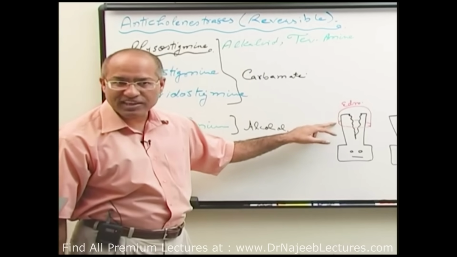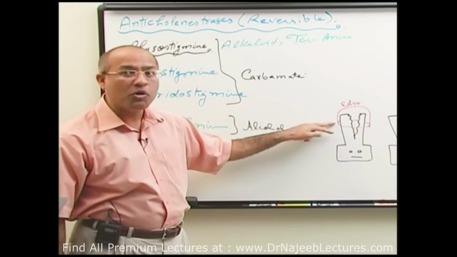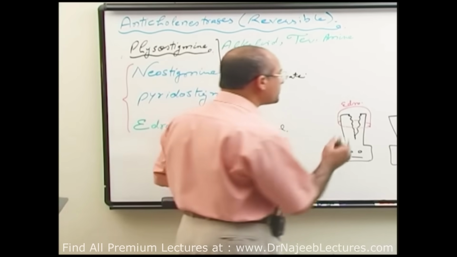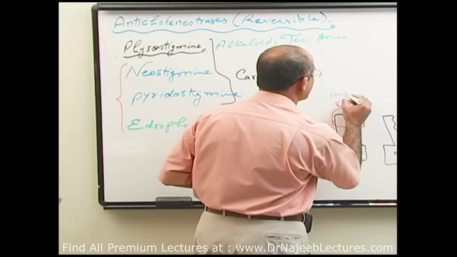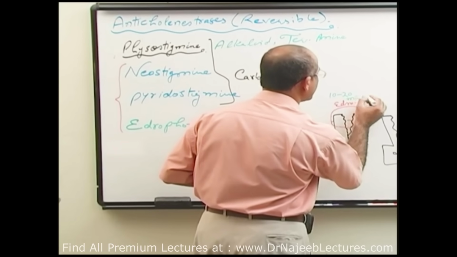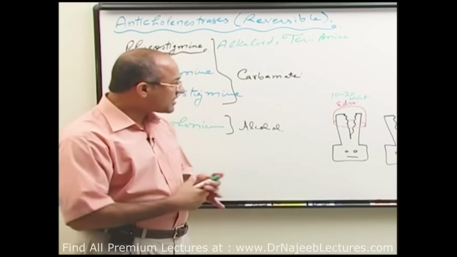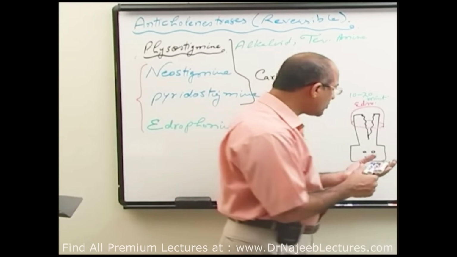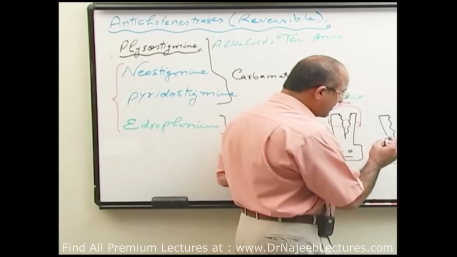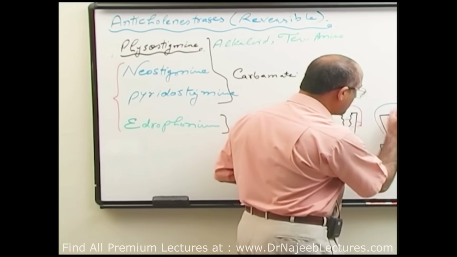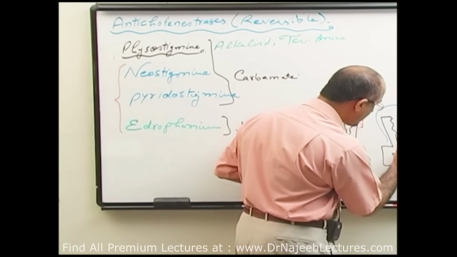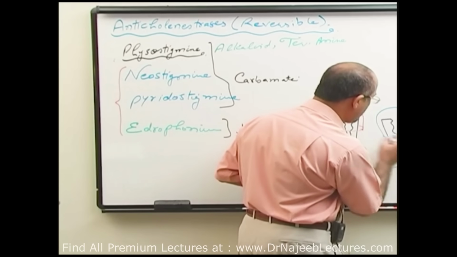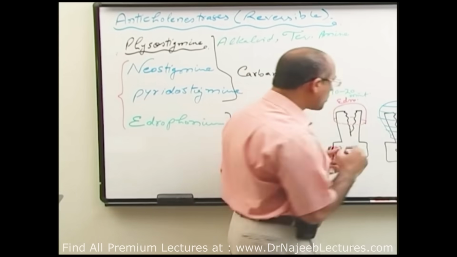So its duration of action will be more or less? Less. Usually edrophonium works maybe 10 to 20 minutes at the maximum. But then there are other drugs like physostigmine and neostigmine. They bind here, but they do make a covalent bond.